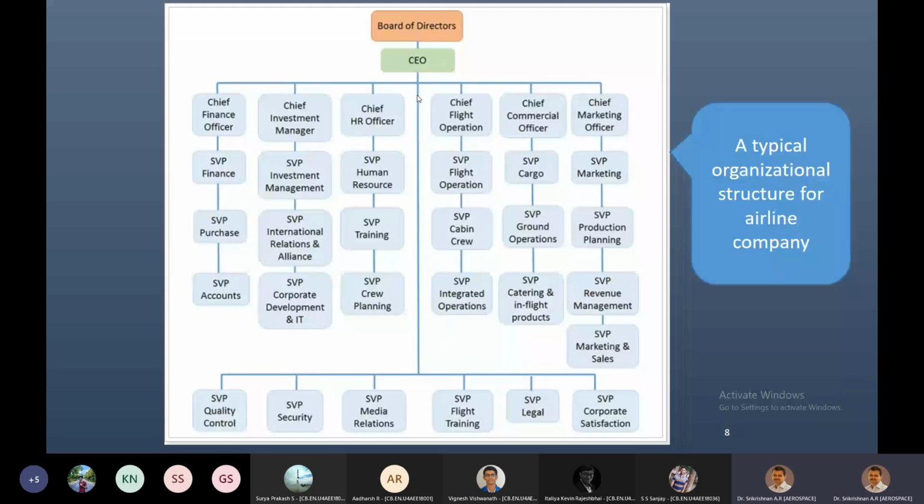As you can see, the second level after chief officers, which in the Indian context are usually referred to as directors, is SVP Finance, SVP Investment Management, SVP Human Resource, etc. SVP stands for Senior Vice President, and even below that you have Senior Vice Presidents. That's typically the US custom. They tend to have so many vice presidents all across the company.